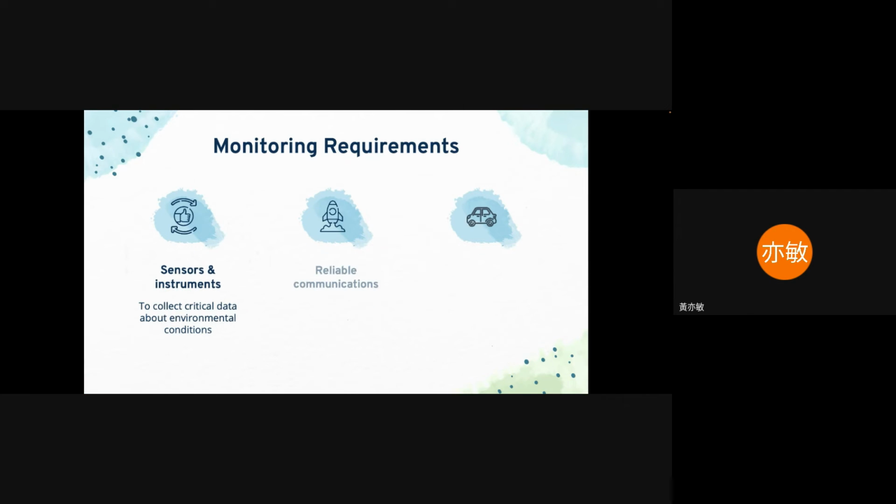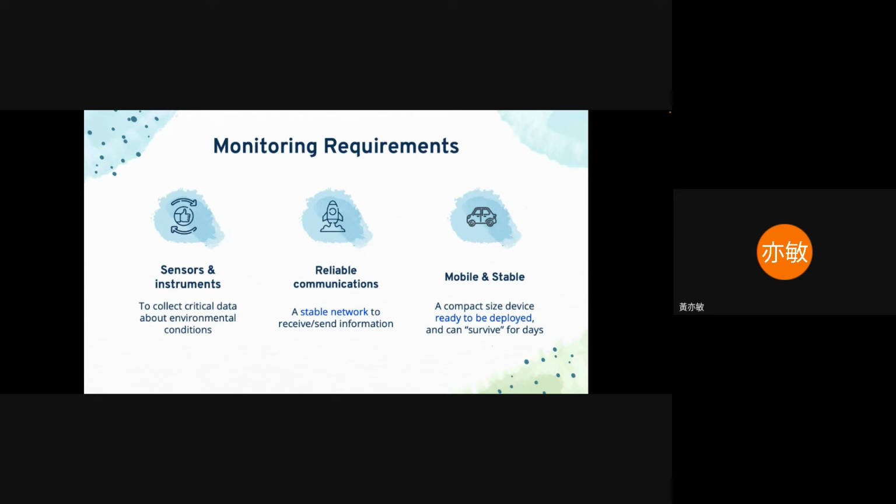So we need sensors and reliable communication, all the same. All these components are the same as when we discussed WSN and IoT in our previous slides. But the final one is mobile and stable. We want to set up our sensors at the upper stream, even at a very remote distance from our village, because we want to capture the debris flow.